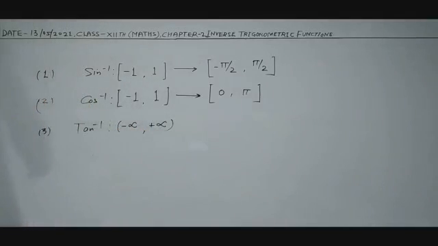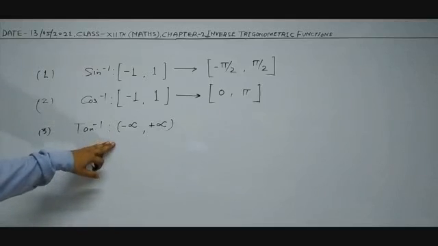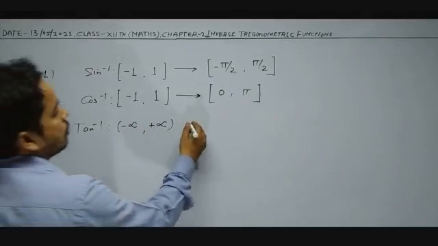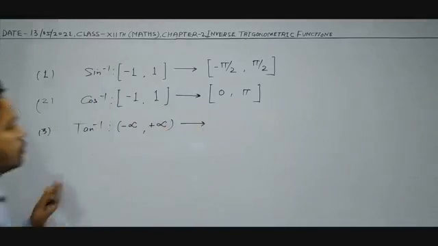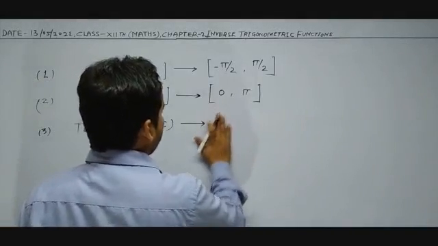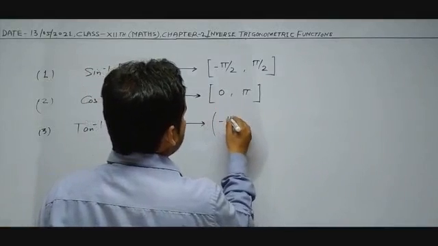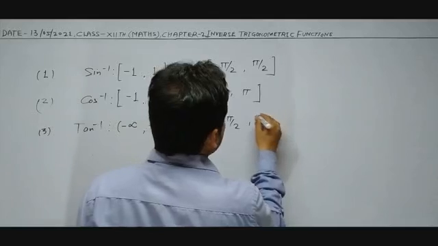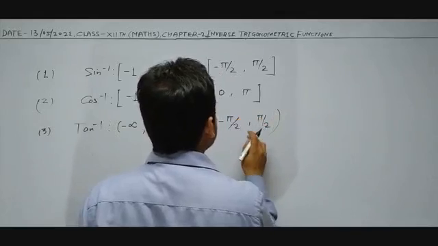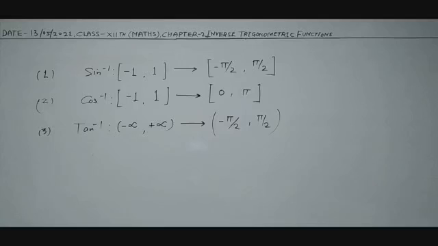This is its domain, and this is also known as R, and this value goes between minus pi by 2 to plus pi by 2 in open intervals. This is the principal value branch.